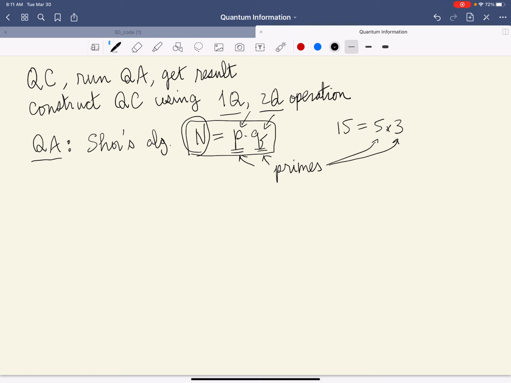However, what I will discuss is a very important ingredient in Shor's algorithm, known as the quantum Fourier transform.